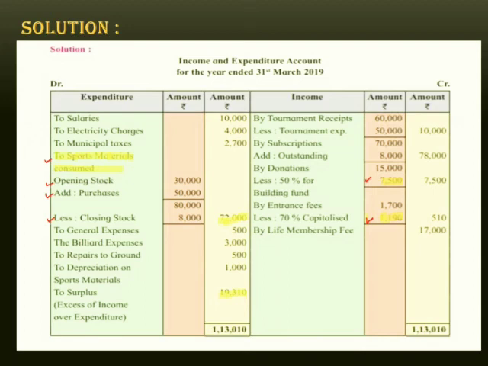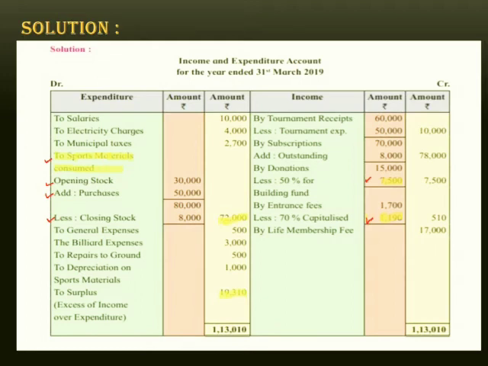Next is the purchases of sports material. It is for 50,000. For this payment, what we have to do? We have to write the formula. To sports materials consumed. See, I have highlighted with the yellow color. And then again we have to write down opening stock, add purchases, less closing stock.